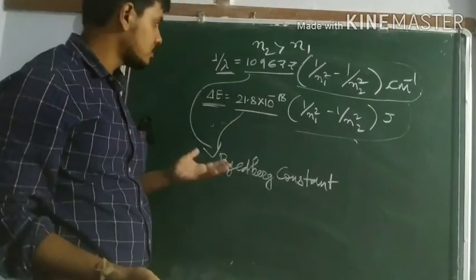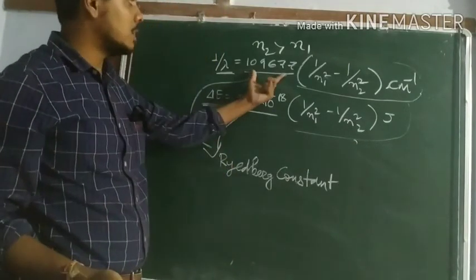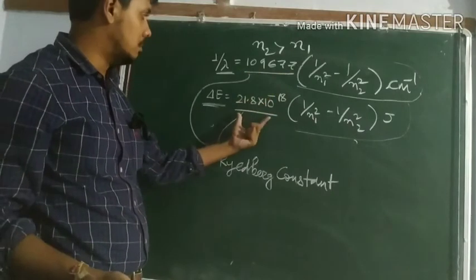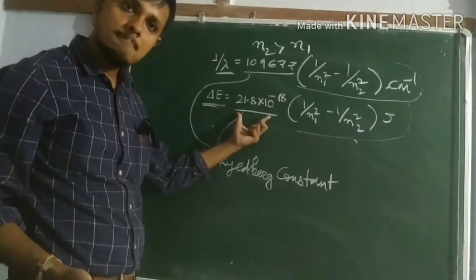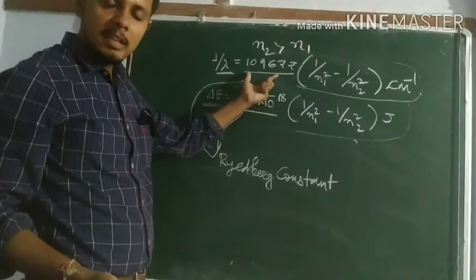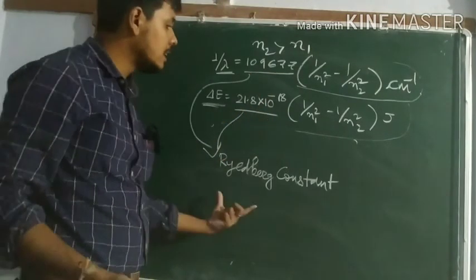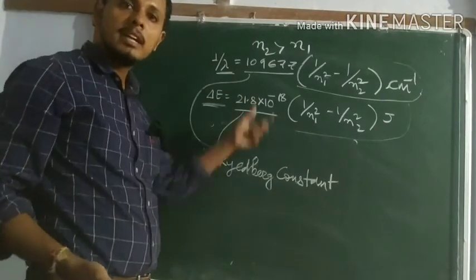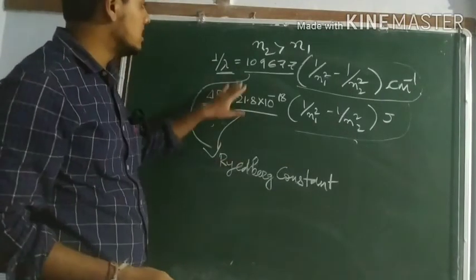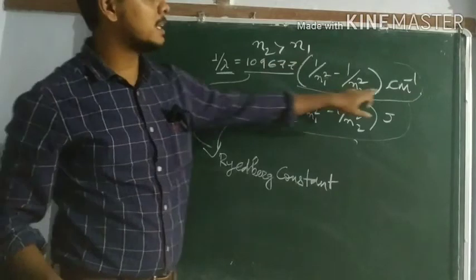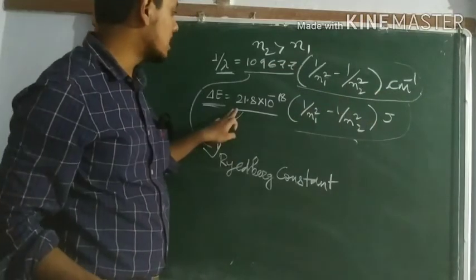Now this 109677 is a constant, this is also a constant. So 109677 and 21.8 into 10 to the power minus 18, these are called Rydberg constant. A constant, we call it Rydberg constant. So this is the Rydberg constant in terms of centimeter inverse, and this is the Rydberg constant in terms of joule.